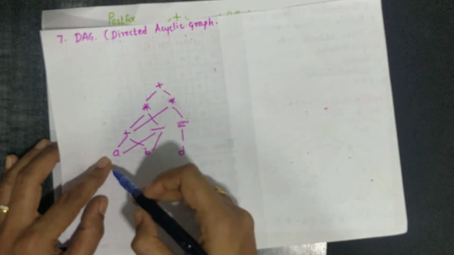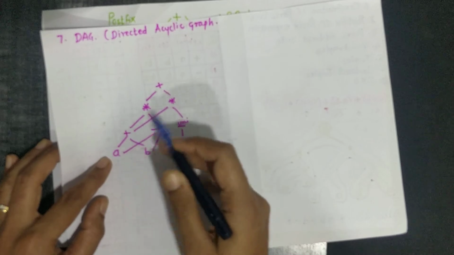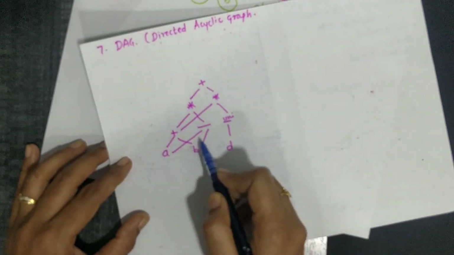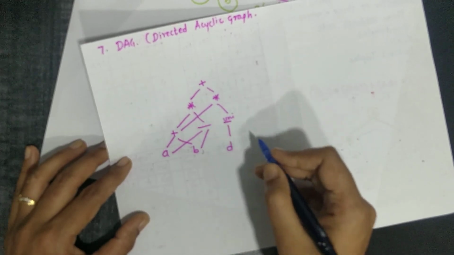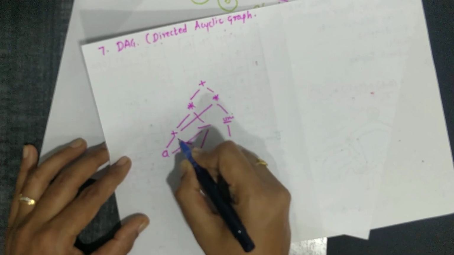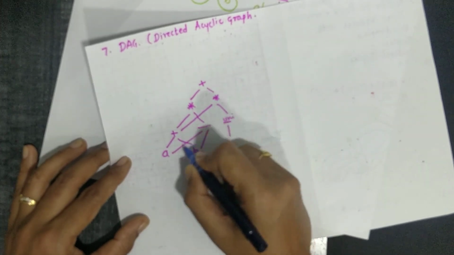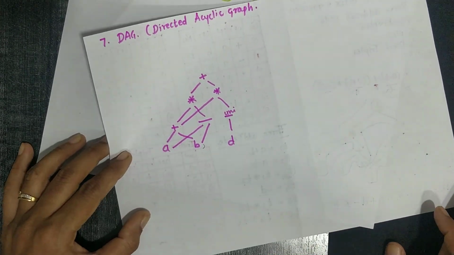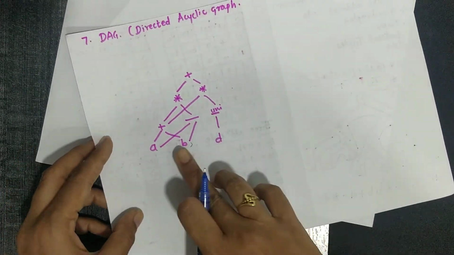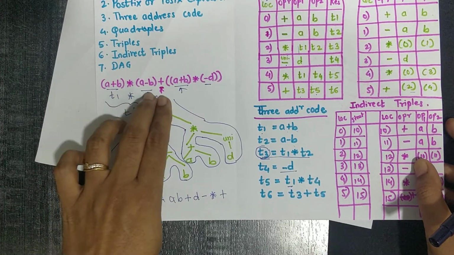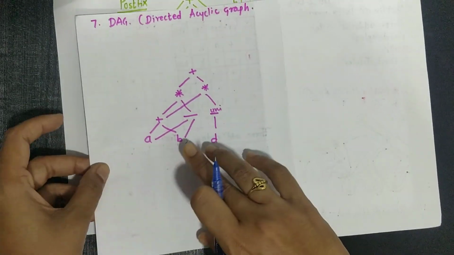Afterwards, we are going to add them. A and B are added, then A and B are subtracted, and D is nothing but the unary operation. So first we have done this, afterward A minus B and unary minus D. Afterwards, A plus B into A minus B, as you can see, we have done here.